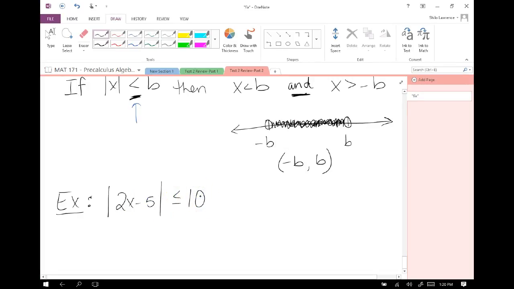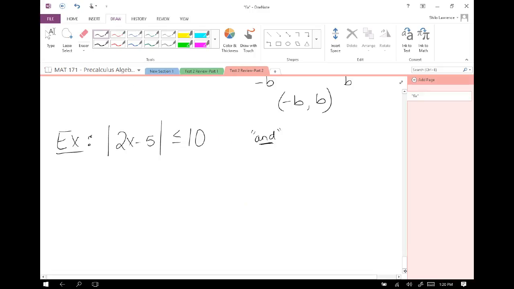Less than or equal, I cannot make an R out of that symbol. So it's not my or problem, it's my and problem. So I'm going to separate this into two separate inequalities. My absolute value is already isolated. My absolute value is the only thing on the left-hand side. So I'm going to split this into two separate inequalities.